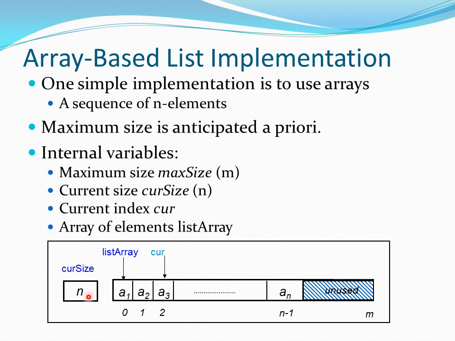Current size is n, means the elements from A1 to An are there. But maximum I can store m elements. Here from n to m, this space is unused. If I want to insert an element, I can insert here.